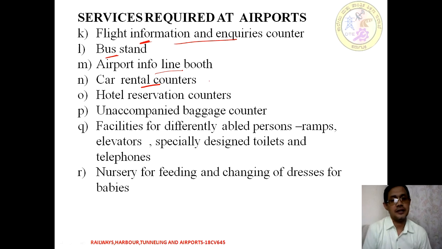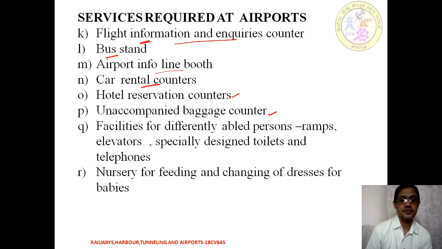Suppose you want rest for more than 1 or 2 hours, for that we need hotel reservation counters. Then if there are any unaccompanied baggages, they have to be taken care of in unaccompanied baggage counters.